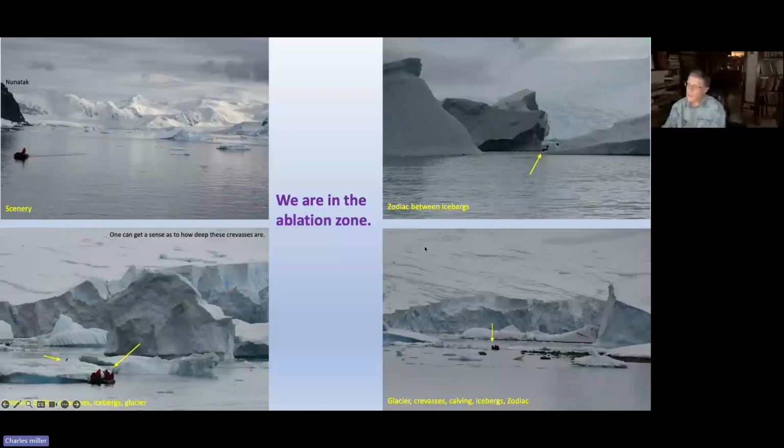And some of these can go down 160 feet deep, and they can be 70 feet wide. And these are very dangerous for people trying to cross a glacier because snow makes snow bridges over them, and those snow bridges are weak and people will fall in. And be assured, if you fall on glacial ice, it's the same as falling on rock. So imagine falling 160 feet on rock.